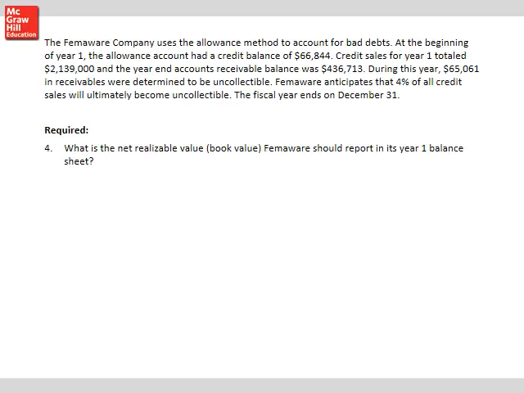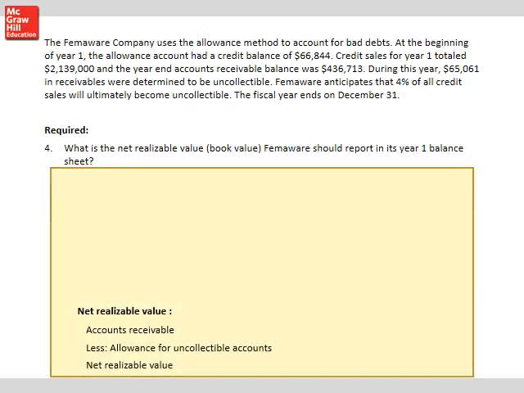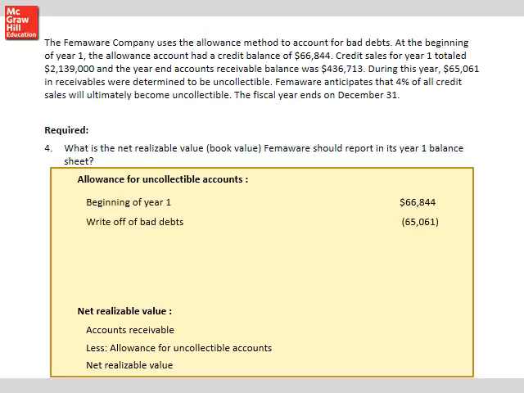Okay, what is the net realizable book value that FimAware should report in its balance sheet? Well, it's going to be the new allowance for uncollectible accounts. During the year, we wrote off bad debts of 65,000, leaving us a credit balance of 1,783.